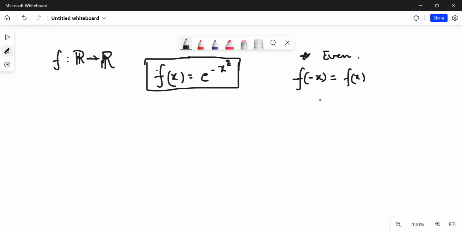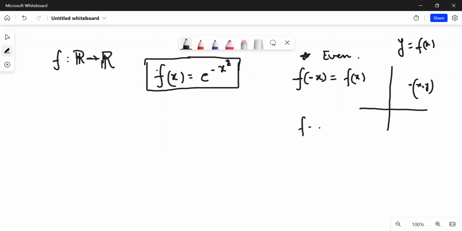See, what does it mean? It means that if I'm plotting my graph, always understand y is equal to f of x. Like in calculus we write function of x, in coordinate geometry we write y is equal to f of x. So if the function is even, what does it mean?